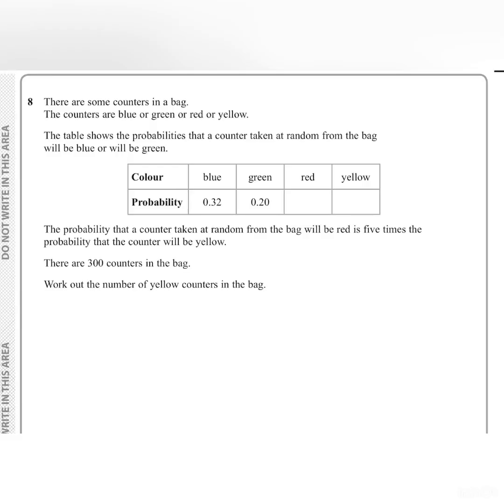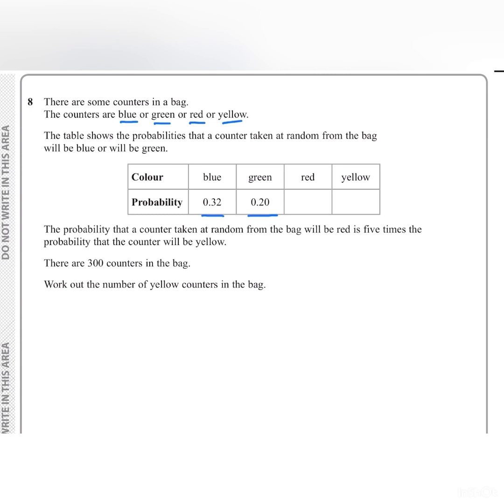Okay, question number 8. It says there are some counters in a bag. The counters are blue, green, red or yellow. And the table shows the probabilities that a counter taken at random from the bag will be blue or green. So they've already given us 2 pieces of information for blue and green.